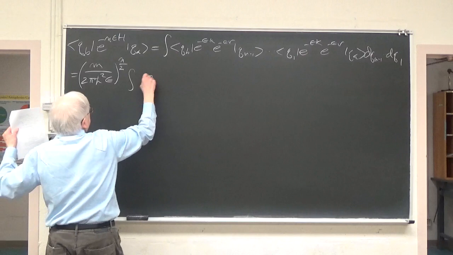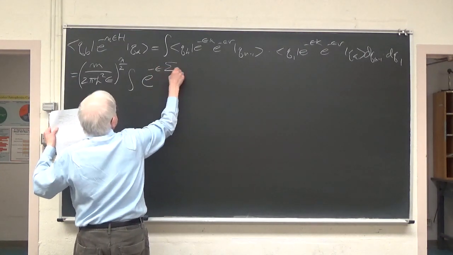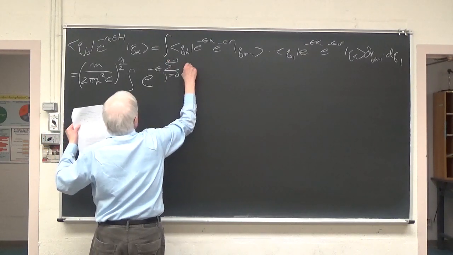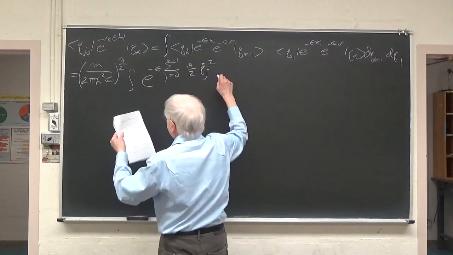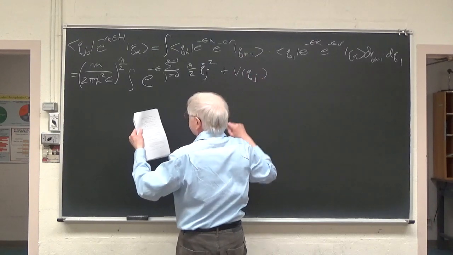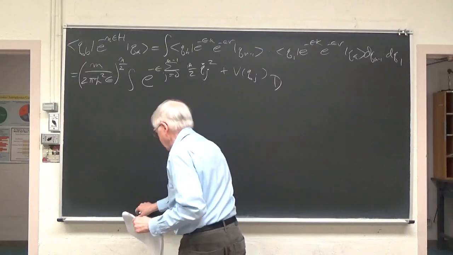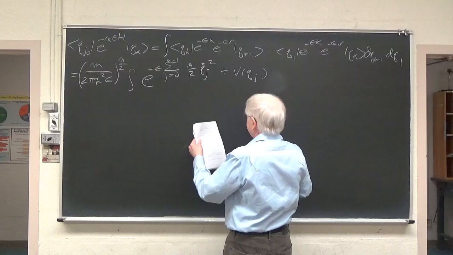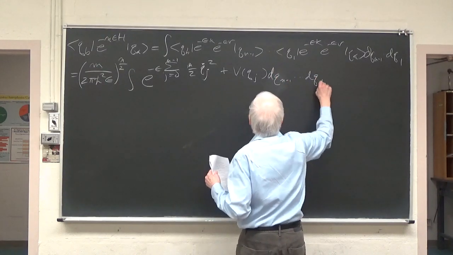And it's an integral then of e to the minus epsilon sum j equals 0 to n minus 1 m over 2 qj dot squared plus b qj. And then the integration here is, oh, I shouldn't have done a capital. The integration is dq n minus 1 down to dq1.